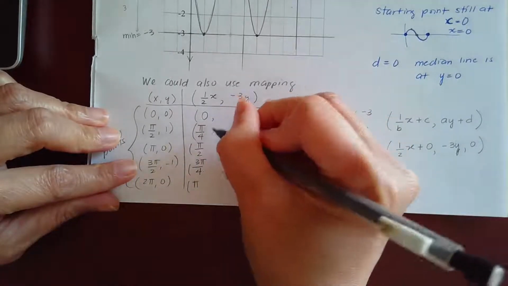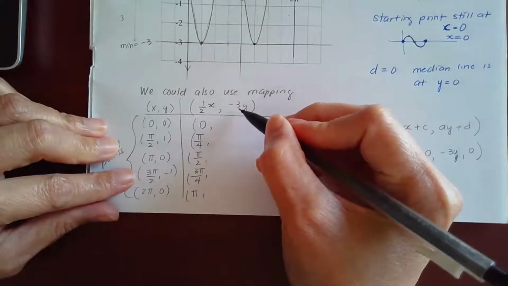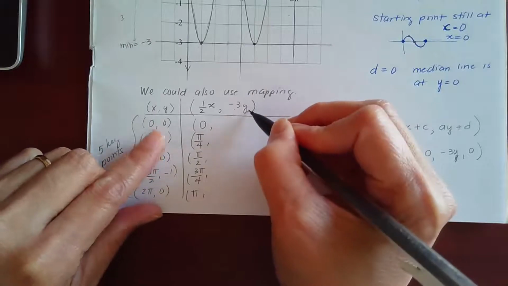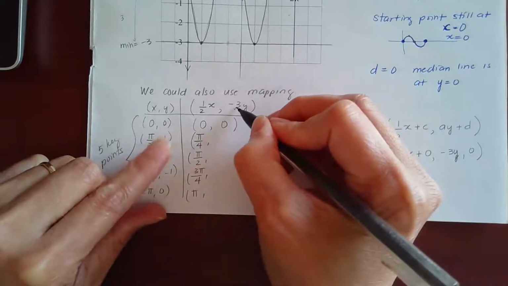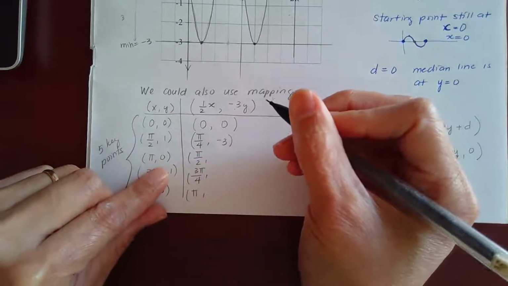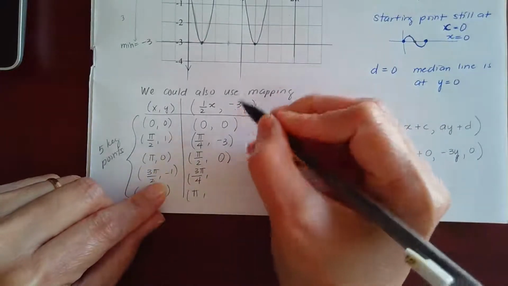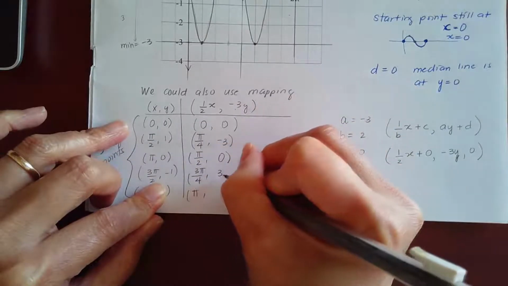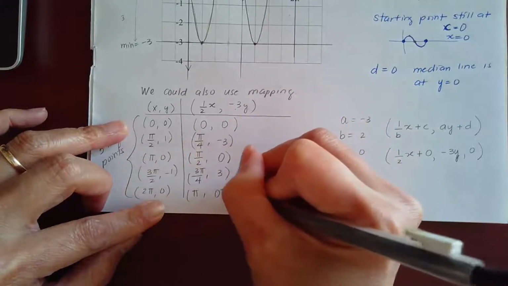What about the y's? I'm going to multiply by the a value, which is negative 3. So negative 3 times 0 is 0. Negative 3 times 1 is negative 3. Negative 3 times 0 is 0. Negative 3 times negative 1 is positive 3. And negative 3 times 0 is 0.